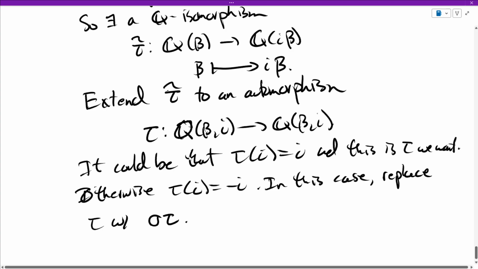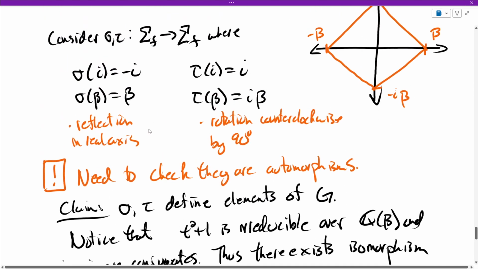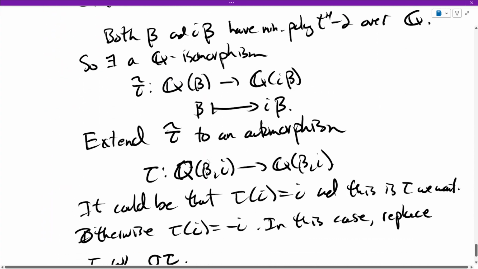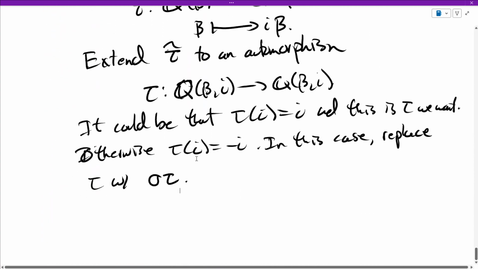All right, so we have sigma and tau are automorphisms, sigma is conjugation, and tau is rotation. And if you recall what you know from group theory, the group generated by reflection in the real axis and rotation by 90 degrees has order 8.